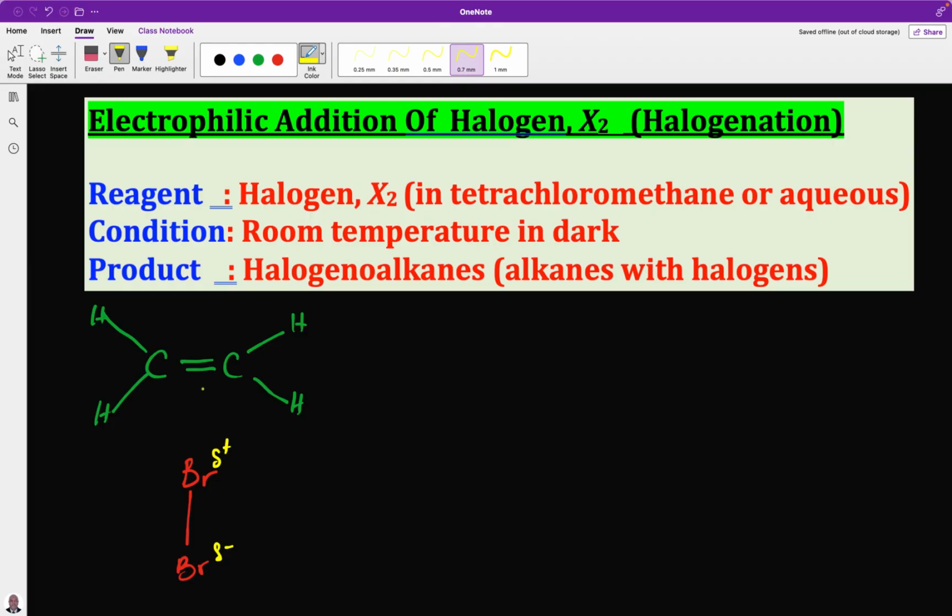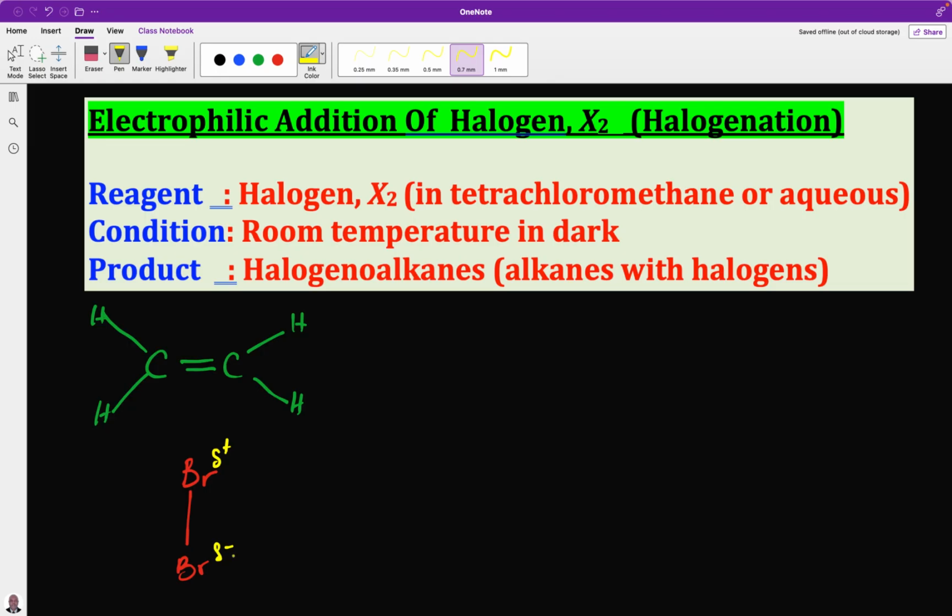Since electrons are negatively charged, the cloud of high electron density will induce a partial positive on the nearer end of the bromine. And if this end of the bromine molecule acquires a partial positive charge, automatically the opposite end of bromine is going to acquire a partial negative charge.